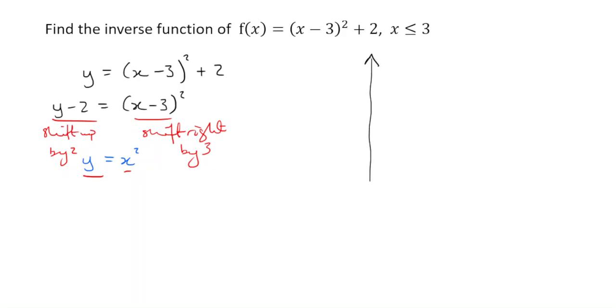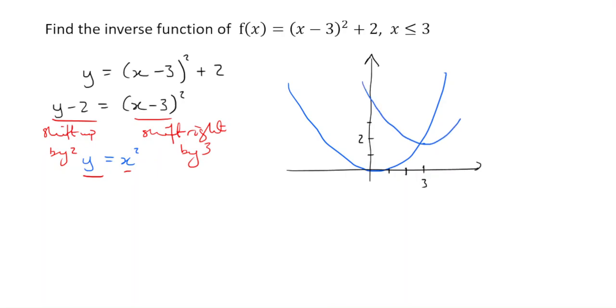The original quadratic y equals x squared is like that. But we're going to shift it to the right by, sorry, not by 2, by 3. And we're going to shift it up by 2. So our new function should look like that. We've taken the old one, shifted it to the right by 3, shifted it up by 2. So that's what we get.